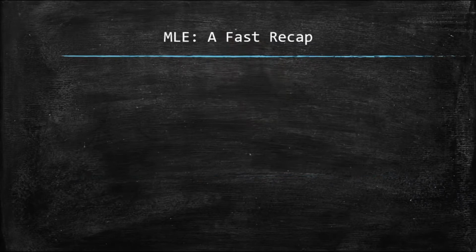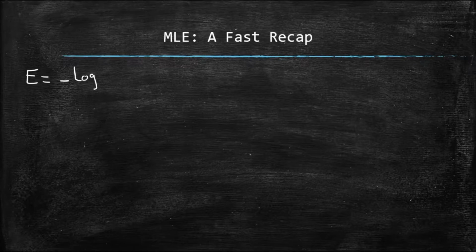So just a fast recap on maximum likelihood estimation first, just to give you a little bit of review as to what we talked about last class. The main idea behind maximum likelihood estimation is that the error function that we're going to use is equal to minus the log of our likelihood, and the likelihood is the probability of our observations given our model, right?